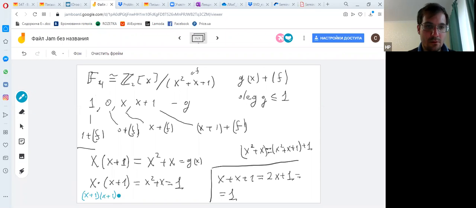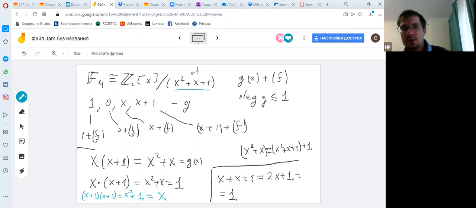It equals x squared plus 2x plus 1, but 2x equals 0, so x squared plus 1. And what is the remainder of x squared plus 1 when we divide it by f? Just x in Z2. If I add f to this x squared plus 1, I have 2x squared, which equals 0, plus x plus 2, which equals 0. So this is x.